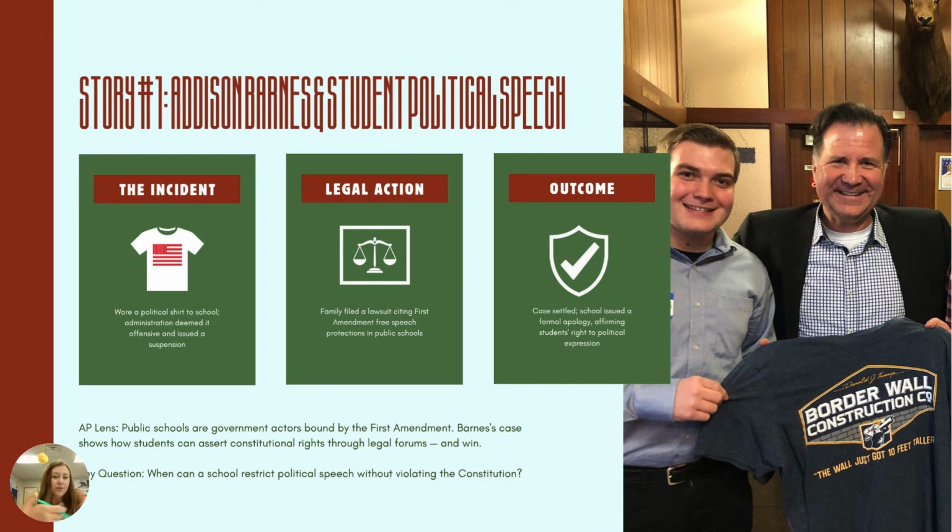They're always government actors and to some degree are bound by the First Amendment. And so that's what Addison Barnes is trying to challenge here, right? But we've also said students can't say whatever they want whenever they want. So the key question then becomes, well, when can a school restrict political speech without violating the Constitution?